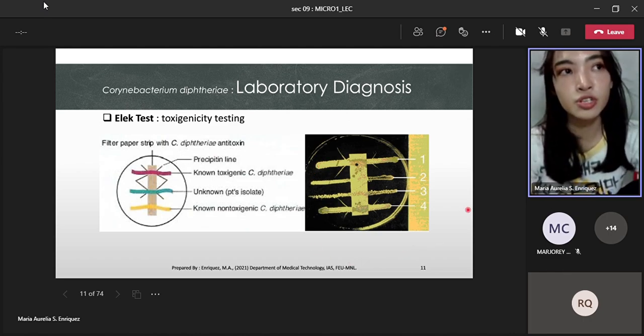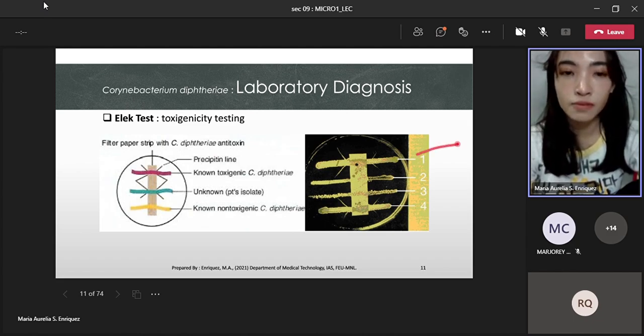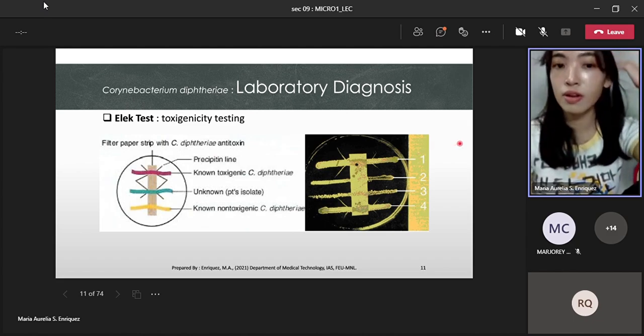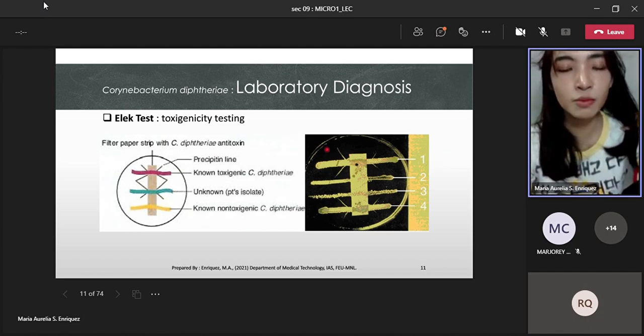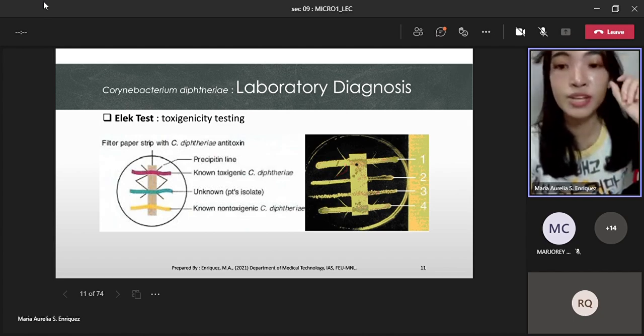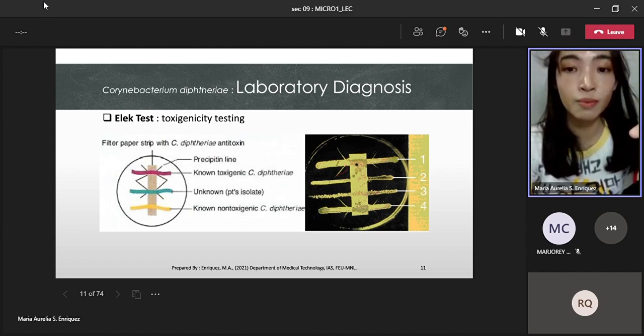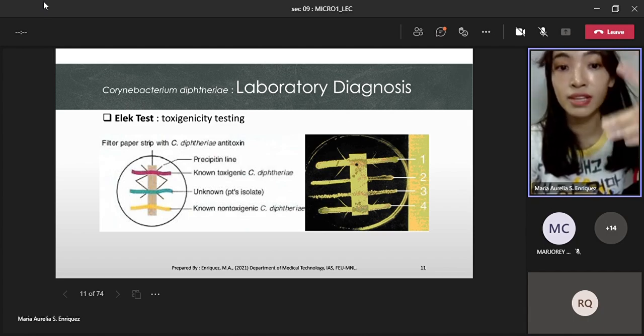Usually, we would first include a positive control. So, ayan po. Yung positive control, it is probably, ito po, yung inoculum number 1. So, kung nakikita natin, dito po sa gilid nung inoculum, nakatabi ng filter paper, there were white precipitin lines that were formed, and they are usually located at a 45-degree angle from the line of growth.